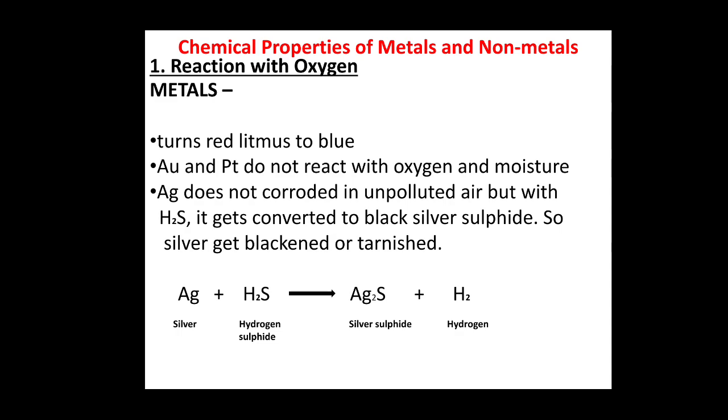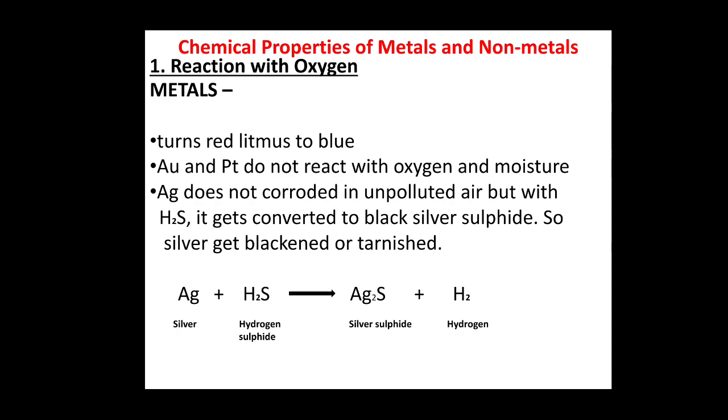So, some of the points that you need to remember about metals. First point is it turns red litmus paper to blue when it reacts with oxygen. Then gold and platinum do not react with oxygen and moisture. Okay. Silver also does not corrode in unpolluted air, but it does with hydrogen sulfide.